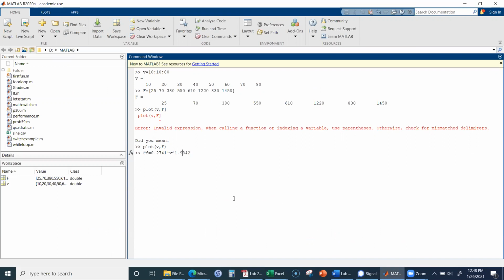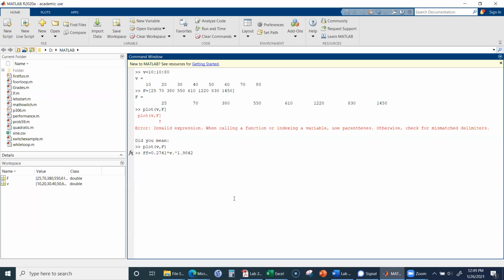So here you have a dot over here, and then here we have the dot over here. Okay, so this is the force by the formula. Here actually we don't need to put a dot because this is the scalar and this is the array, and then for velocity we have to take the power of this.